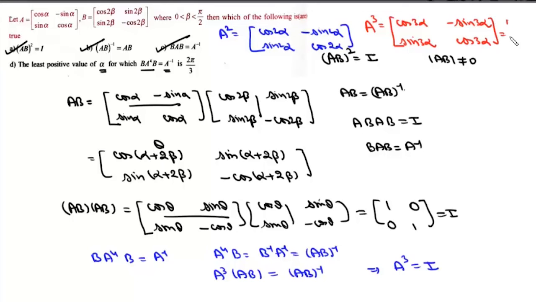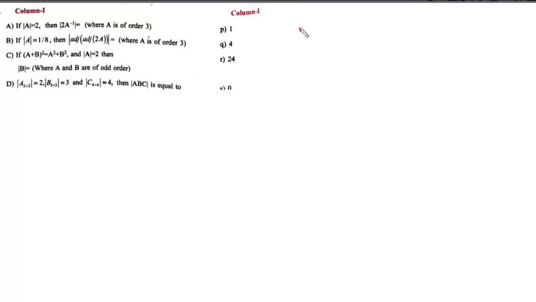Now it should be equal to 1, 0, 0, 1. Now it means this cos 3 alpha should be 1, and sin 3 alpha should be 0. Now this is possible when 3 alpha is equal to 2 pi. So the minimum value of alpha will be simply 2 pi by 3. That means this option D is also correct. Now here the question is, if the determinant of A is 2, then the determinant of 2A inverse.